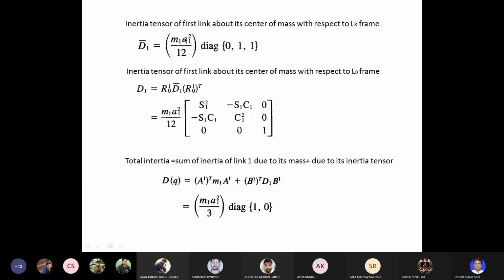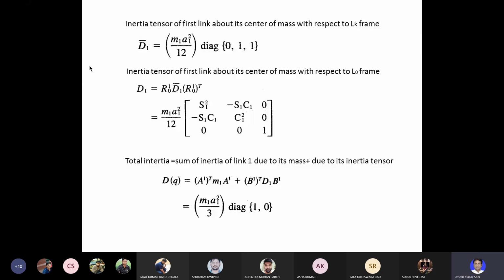Along the y axis and z axis there is inertia of the link, but along the x axis there is no inertia because the center of mass is fixed along the x axis, but along the y axis the center of mass can move. Similarly along the z axis the center of mass can move.